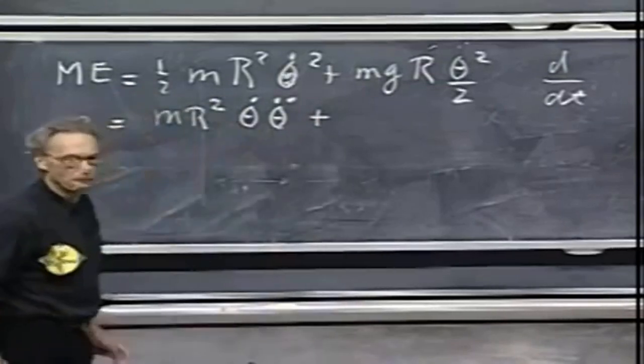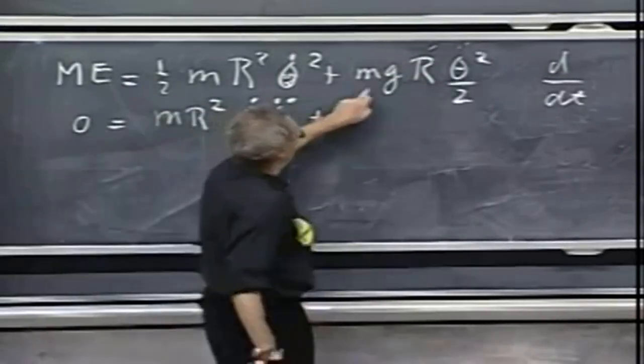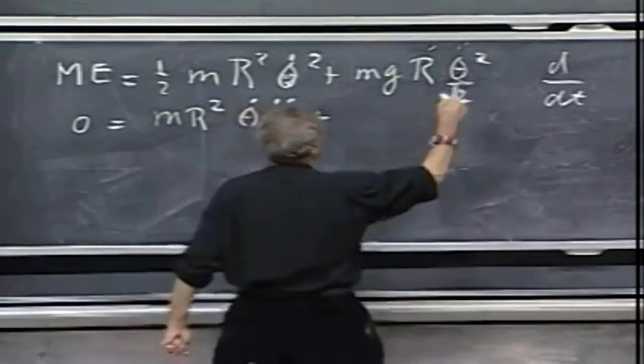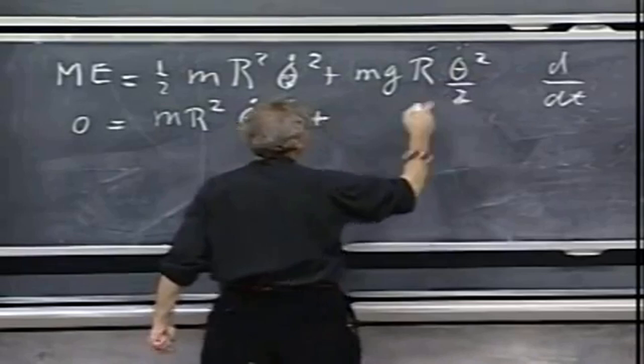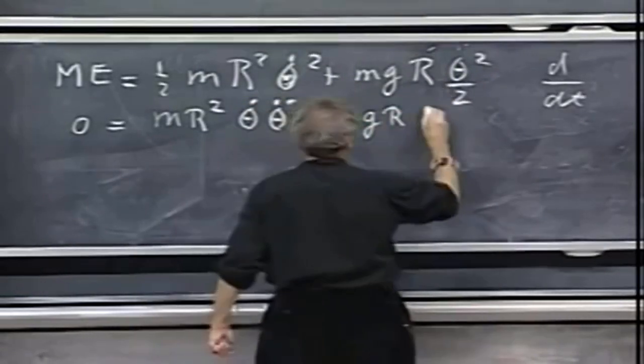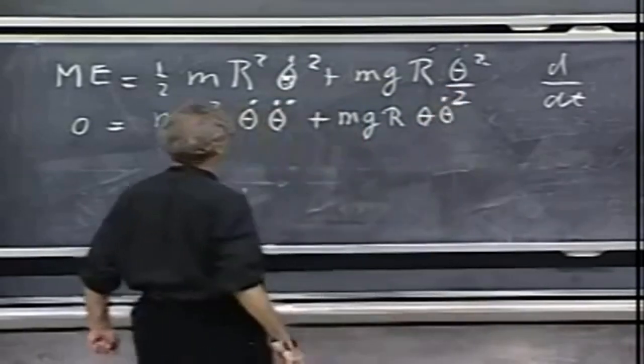Suits me? Anything wrong? I don't think so. Thank you. So I have to take the derivative of this one. The 2 flips out, which eats up this 2. So I get mgr, and then I get a theta, but the chain rule gives me a theta dot.